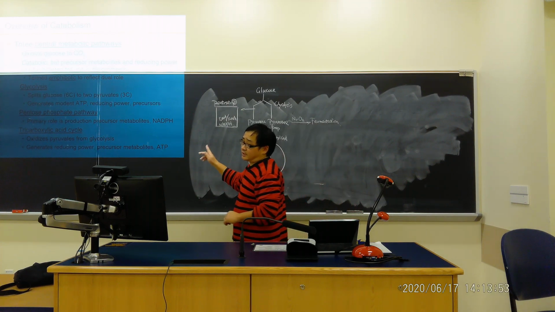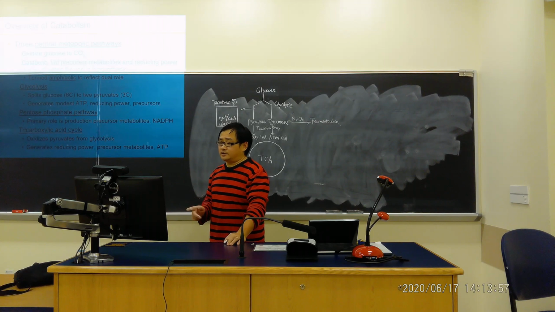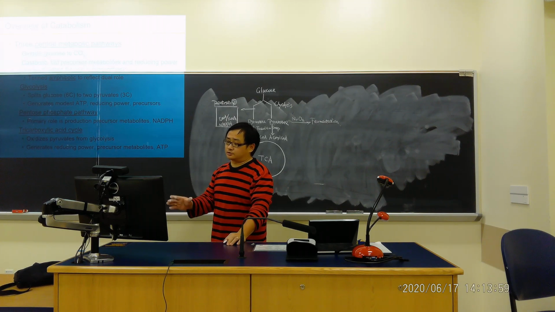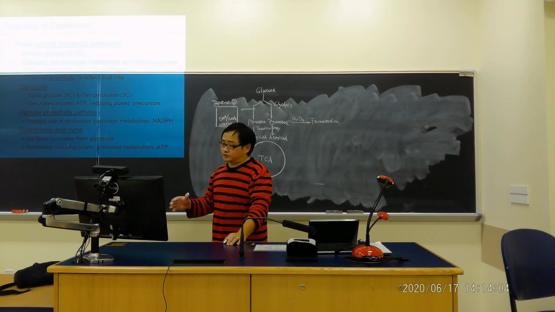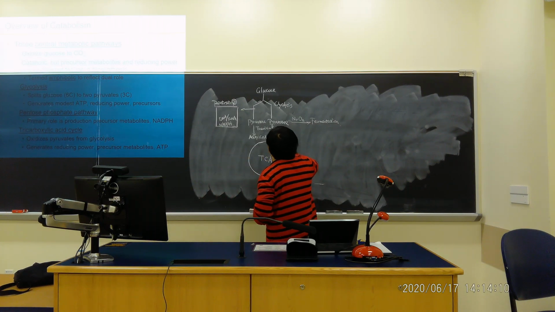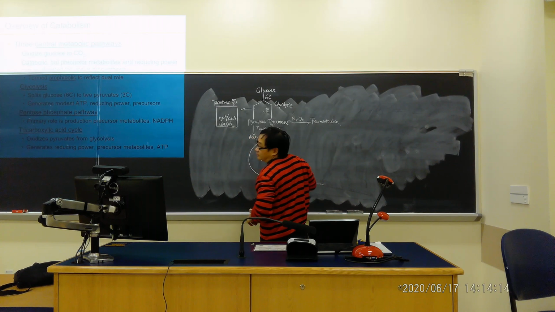This is what this slide talks about, the central metabolic pathway. So the idea is we oxidize glucose, generate carbon dioxide, and then use them for biosynthesis. The glycolysis, we'll talk about that. Here is 6 carbon, and here we go to the 3 carbon.